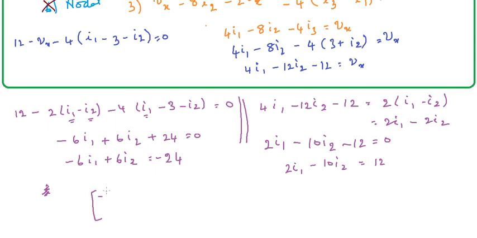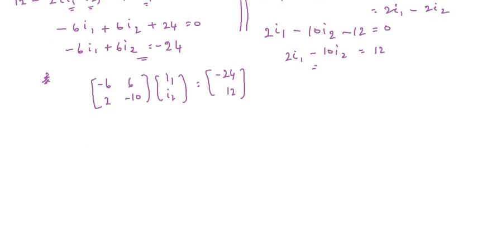It will be like this: minus 6, 6 and 2, minus 10, into I1, I2 is equal to minus 24 and plus 12. You can check, if you multiply these two, it will come. For example, minus 6I1 plus 6I2 is equal to minus 24, this equation. Similarly, 2I1 minus 10I2 is equal to 12, this equation. Okay, now it's very easy for us to find I1 and I2.